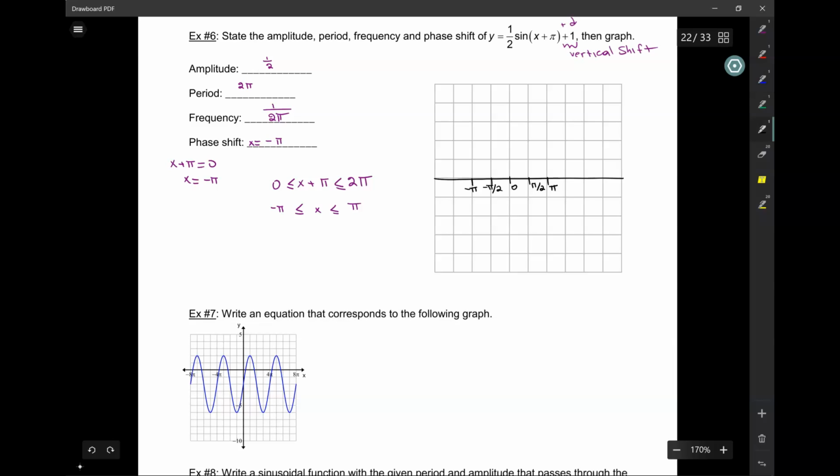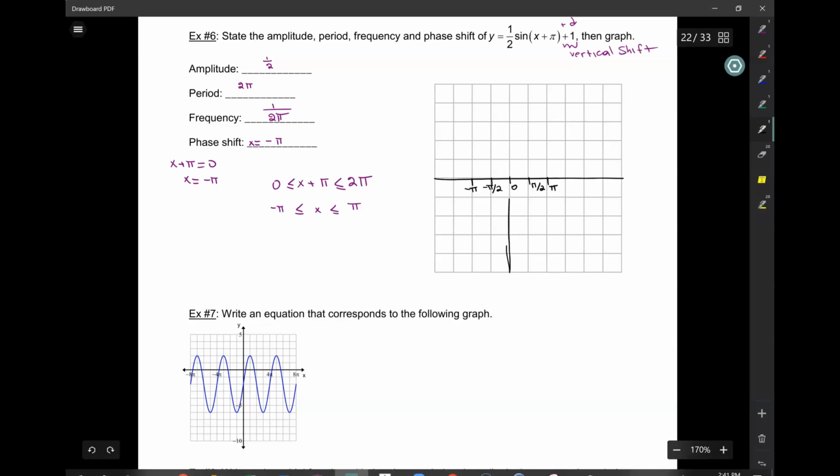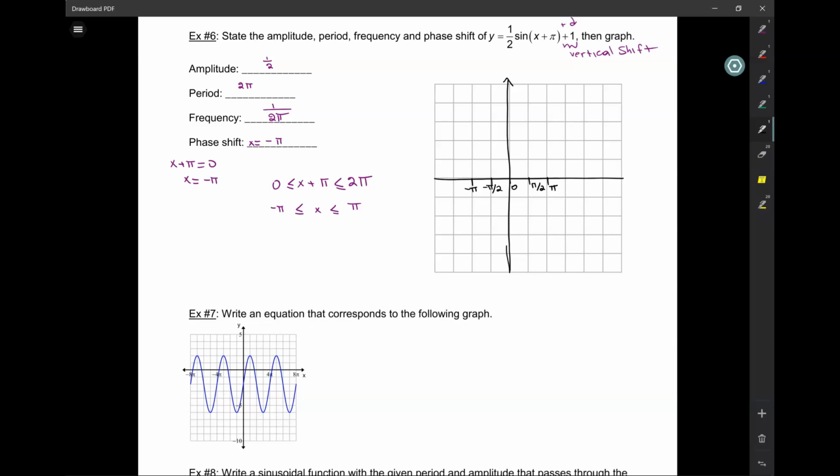The y-axis, this one's easy. It goes right on the 0. Now, this has a vertical shift of plus 1. Until now, the x-axis was also the axis of oscillation for us. But now, that axis of oscillation is going to move up by 1 unit.